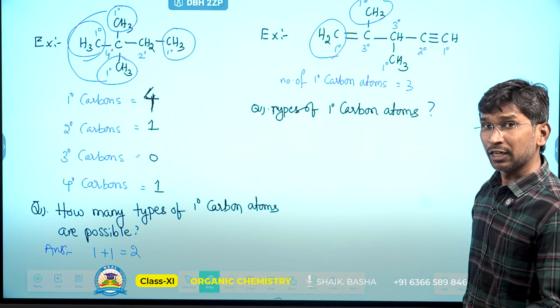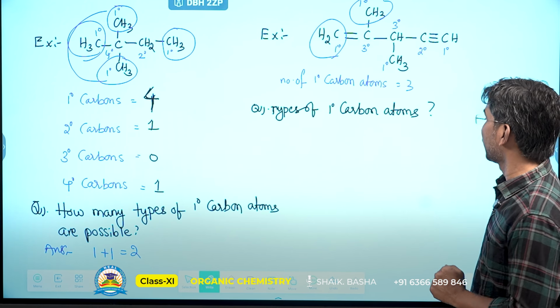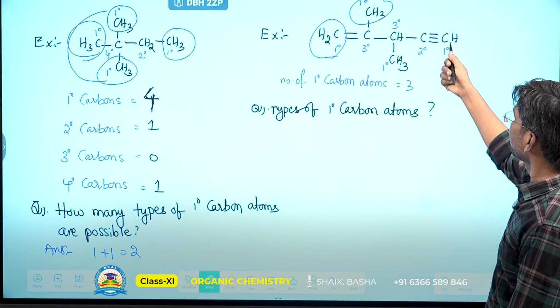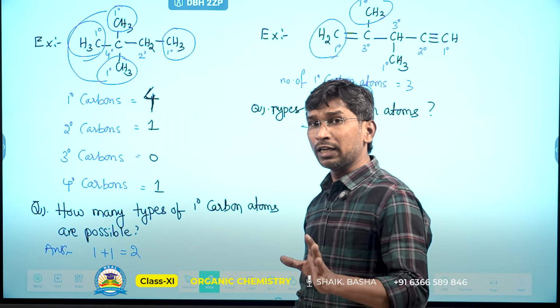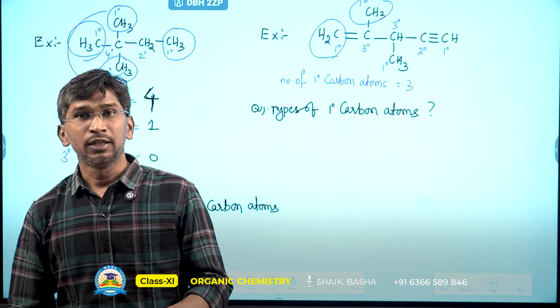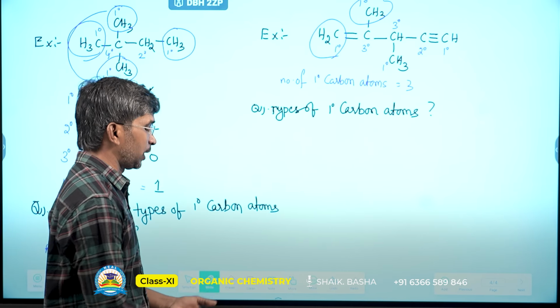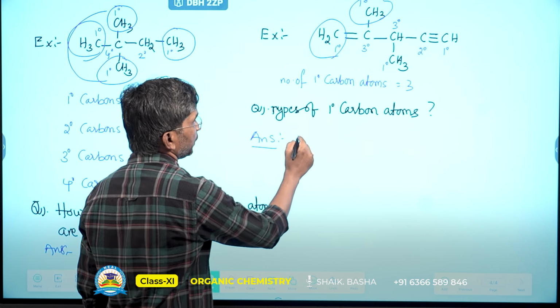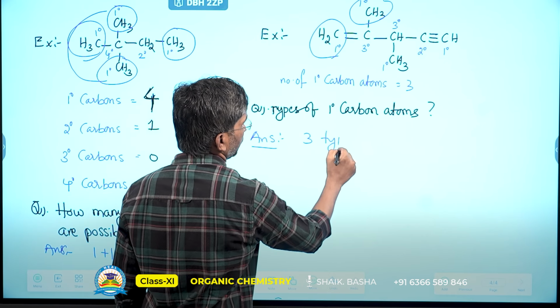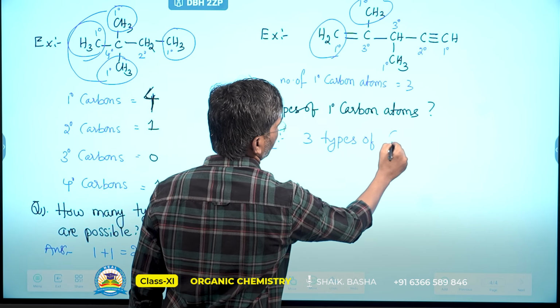So with respect to that also, we can differentiate types of carbon atoms. Then this primary is connected to a secondary carbon with a triple bond. So all primary carbons are different types of primary carbon atoms. That's why the answer is three types of carbon atoms are possible.